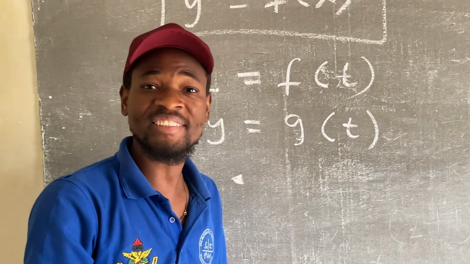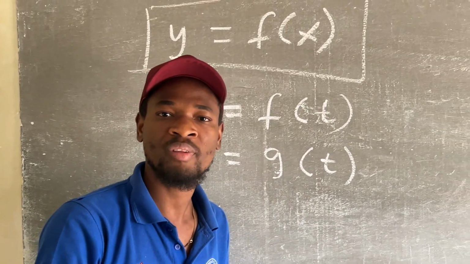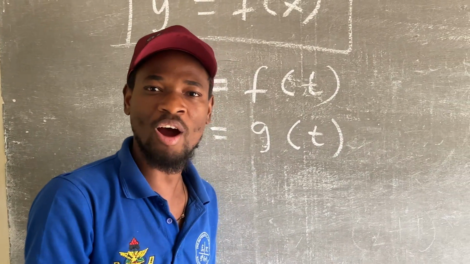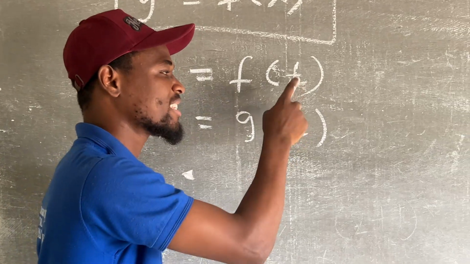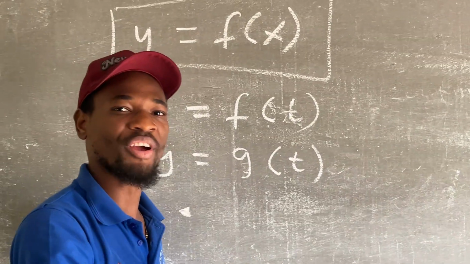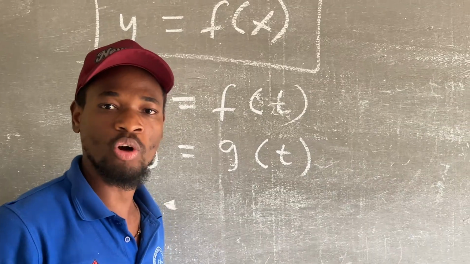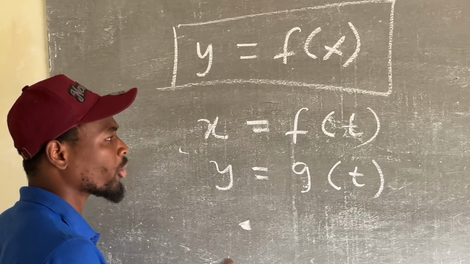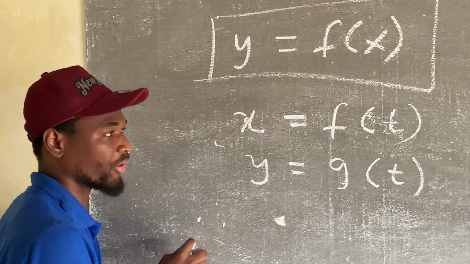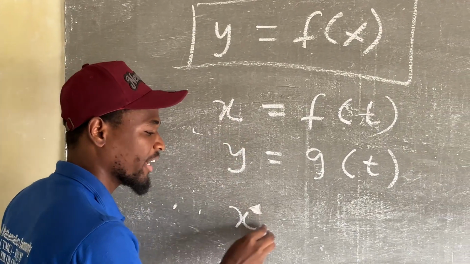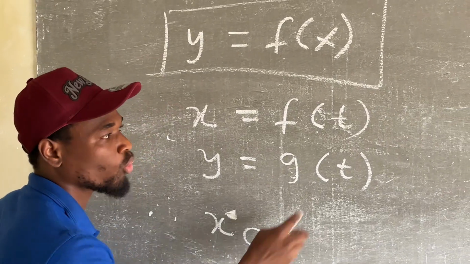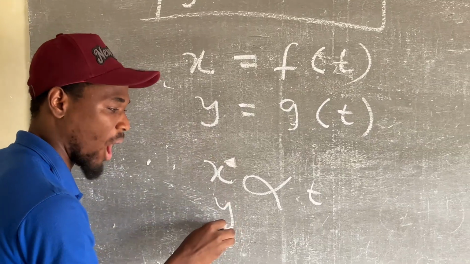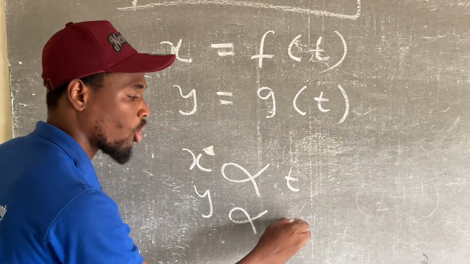Viewers, in the future, I'll introduce to you dependent variable and independent variable. For now, just permit me to be using t. In differential equations, I will introduce you to so many terminologies there. So you realize that in summary, this x is dependent on t, as well as the function y, also dependent on t.